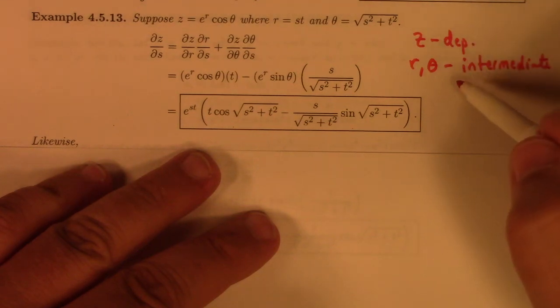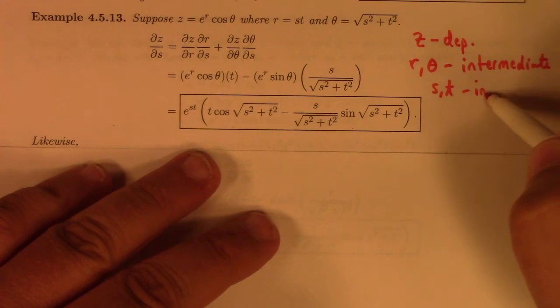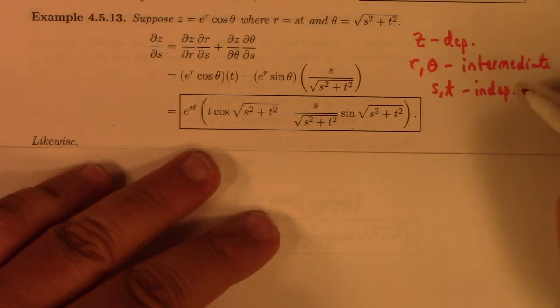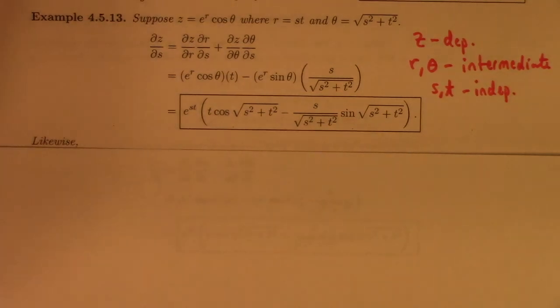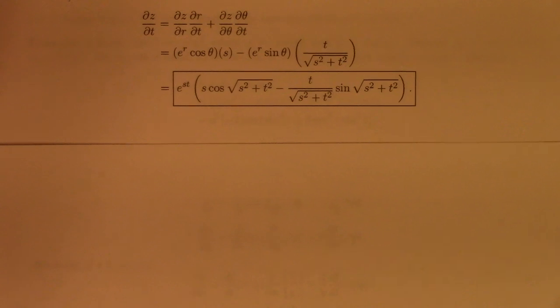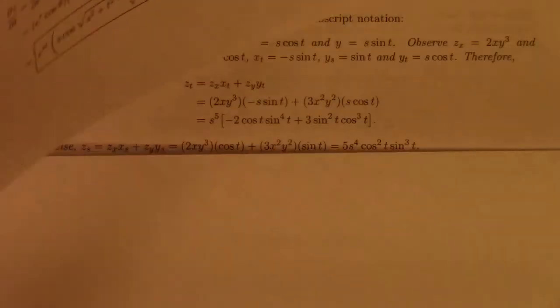And we're using s and t as the independent variables. All right. And so that's why we have that chain rule, just like that. And here's the other one. The chain rule with respect to time looks like that. All right, great.